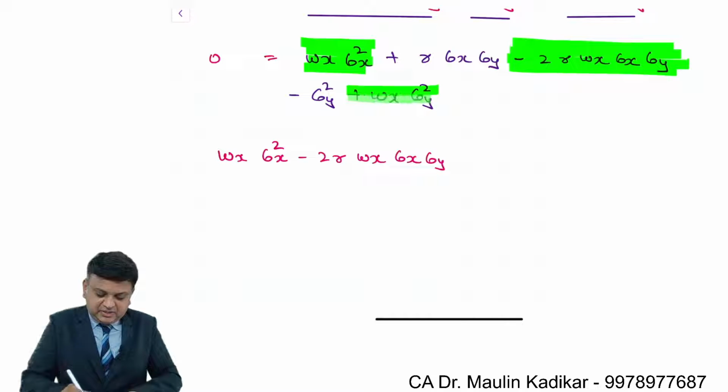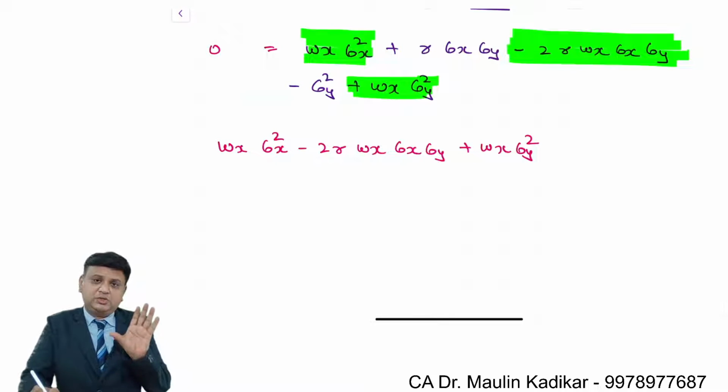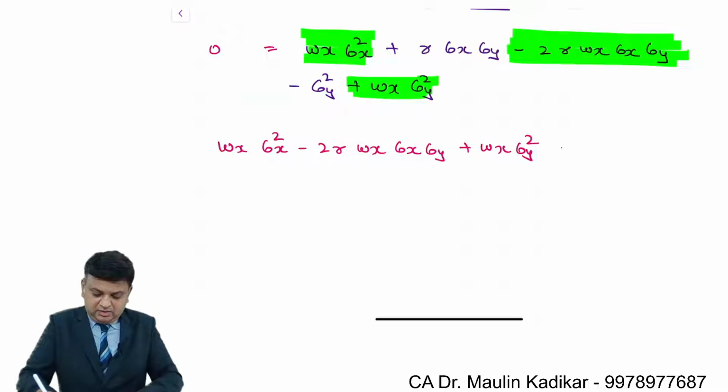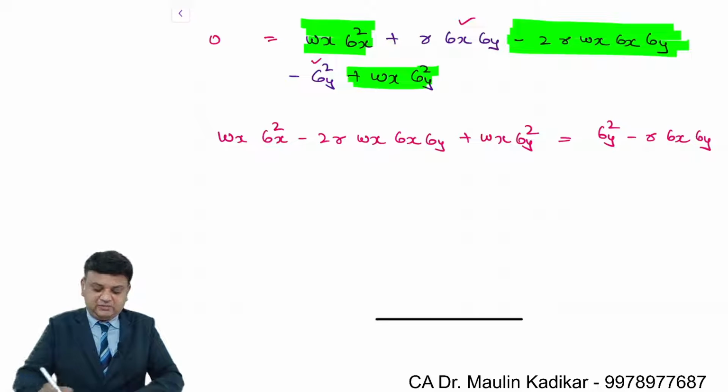Then this plus wx sigma y square. So all those things are kept over here only. And this two value is transferred on the opposite side. So the variance of y will become positive, minus r into standard deviation of x into standard deviation of y. This will become negative.